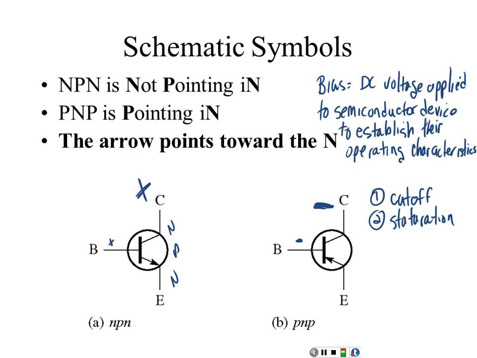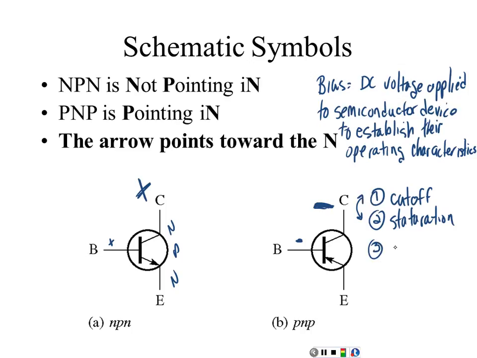When we're saturated, we act like a closed switch. Normally we don't operate saturated all the time, because then I would use a straight piece of wire. We don't operate cut off all the time either, because then I wouldn't connect anything up. So normally we switch it between the two.